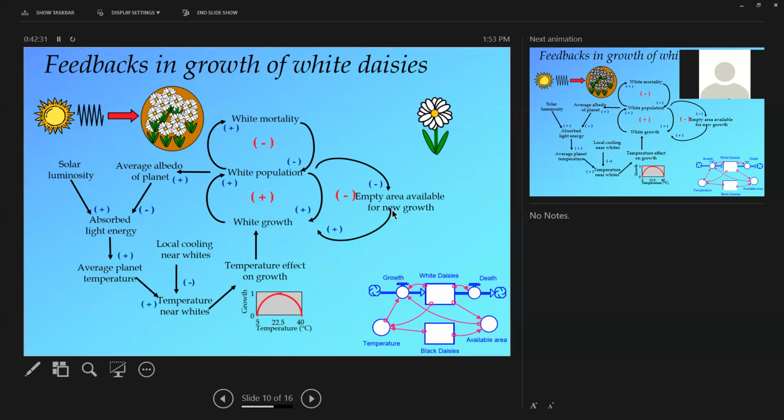And we've got the cooling near white. So all of these relationships are sort of embodied in this very simple model here. We don't have the intensity in this model, but the solar intensity falling on the planet is basically just an external forcing function that's acting on the planet.